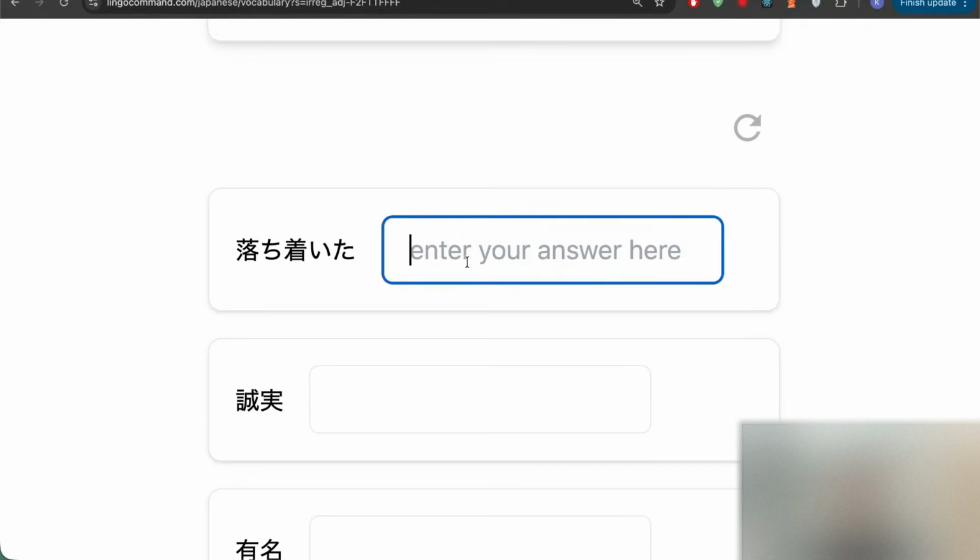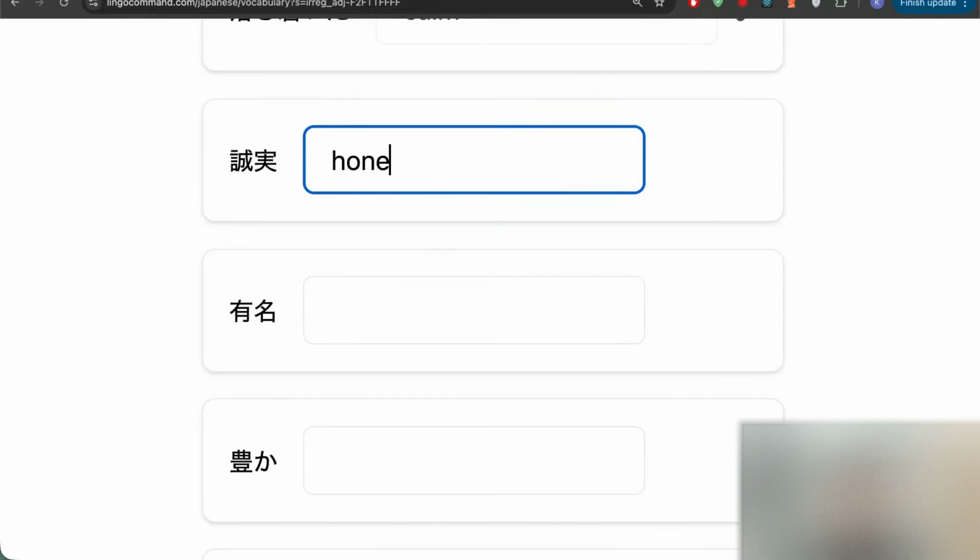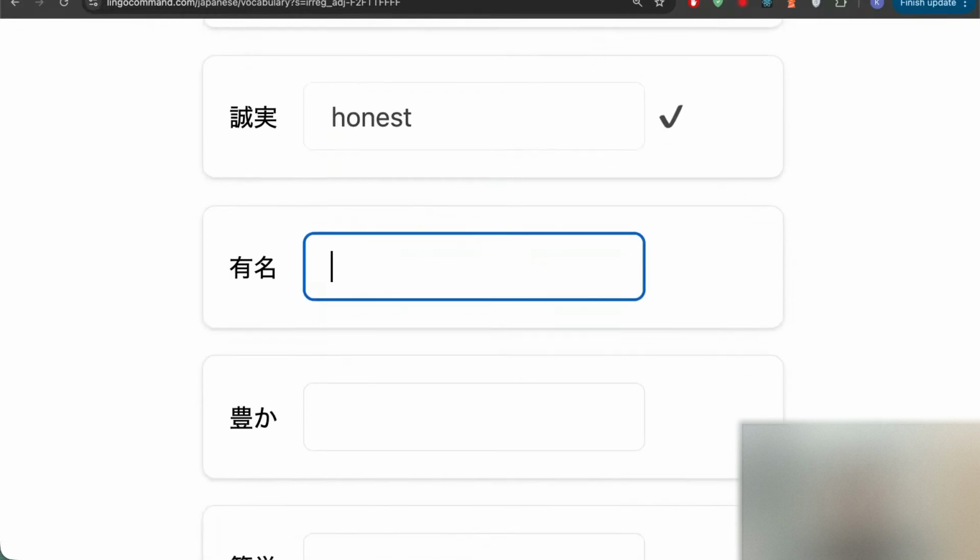And ochitsuita meant calm. Now I remember that this kanji meant truth, the fruit of a tree, all that. So this actually just means honest. Okay, we're getting somewhere.